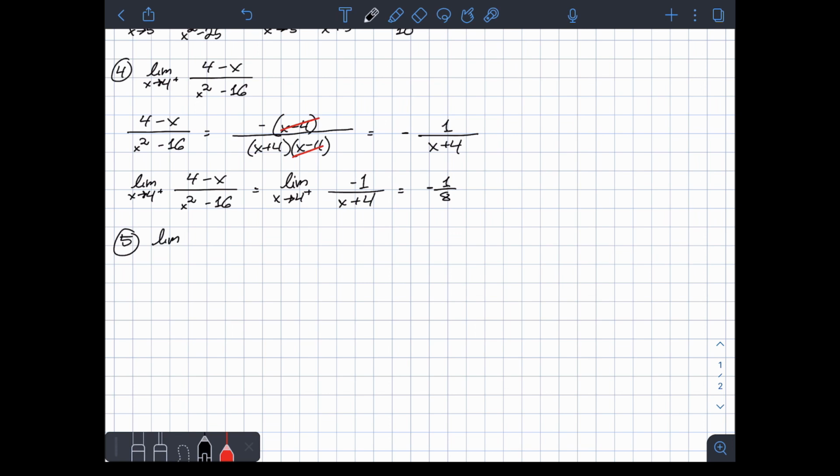Limit as x approaches negative 3 from the left of x over the square root of x squared minus 9. If we plugged in a -3 here, we would end up with -3 over 0, which is undefined, which means that in this case there's no limit as it approaches the value -3.